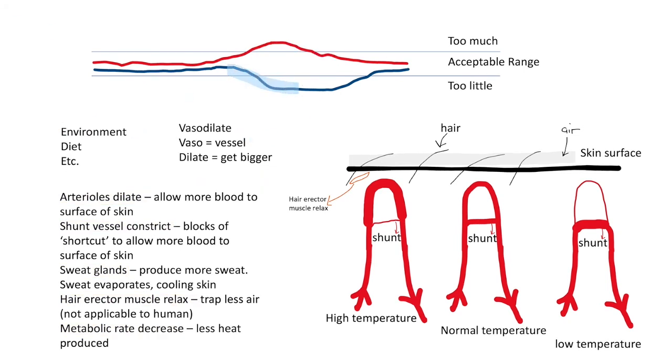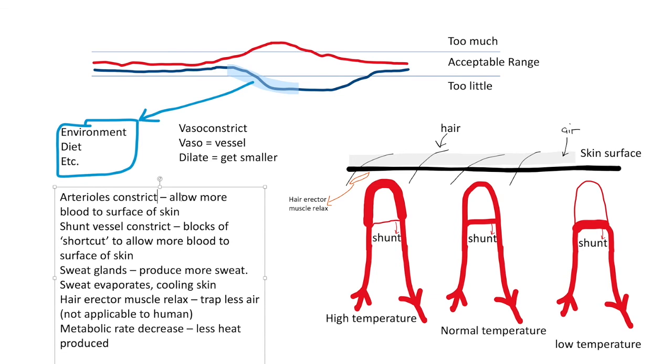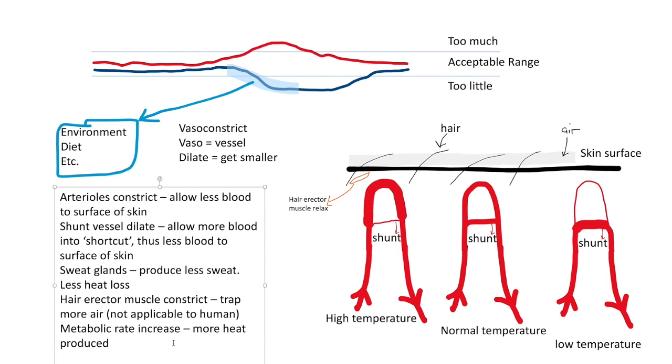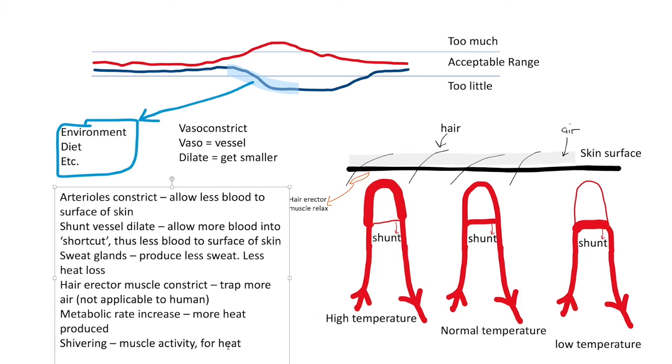And let's look at the sequence of events that take place when the blood and skin temperature decreases. The skin detects the temperature drop, and the hypothalamus is stimulated and sends impulses to the relevant body parts to take a certain action. So, arterioles will vasoconstrict, the shunt vessels will dilate.